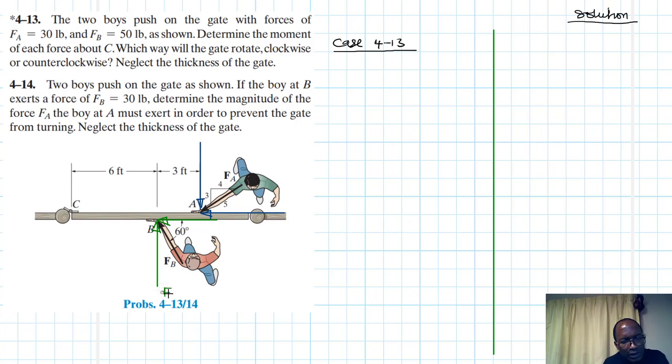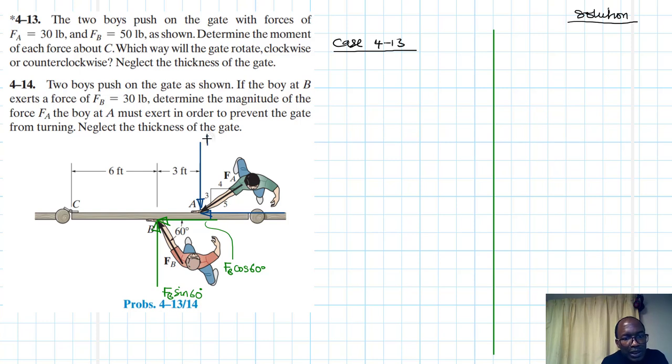So this one is Fb sine 60, and then this one will just say Fb cos 60.